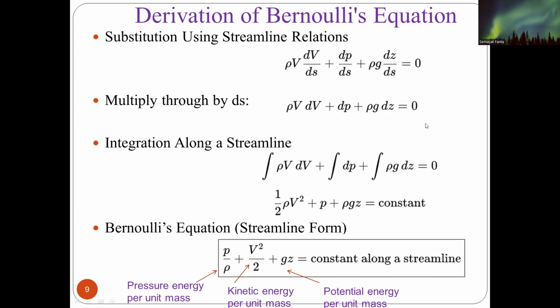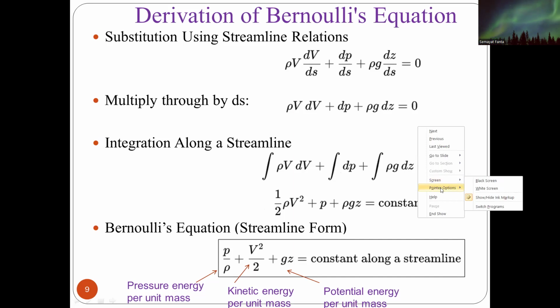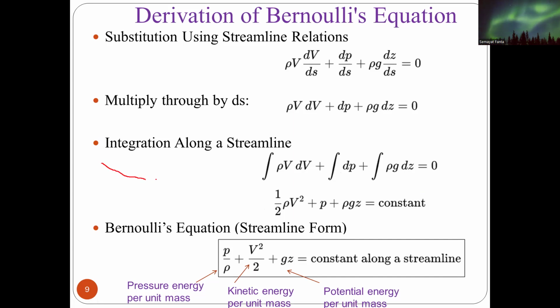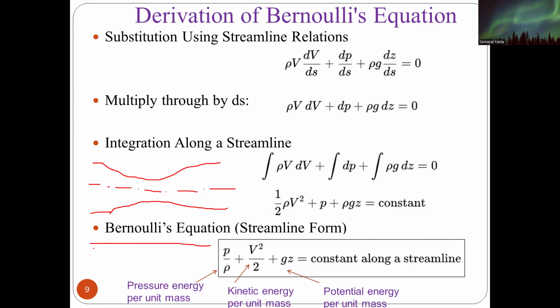So in most cases, the third term will vanish. Why? Because in our Venturi tube apparatus, for example, if I draw this type of apparatus and assume that this is the center line, we may have some reference point. So our z is the same everywhere.